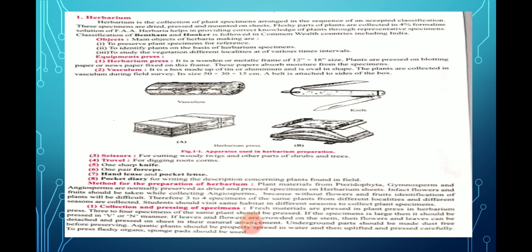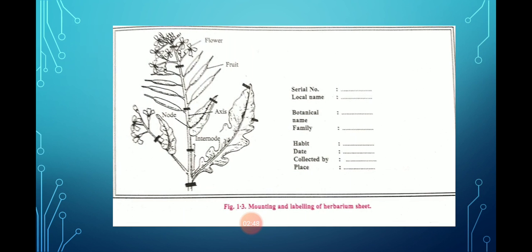Further, we have to convert the plant specimen into a herbarium sheet, in which the plant specimen in dried form will be present, a serial number, location name, botanical name or the family name if we know, or if we don't know then whichever family it can be best suited. We have to write that, habitat, date, and who has collected it and from which place. All these things need to be mentioned in a herbarium sheet.